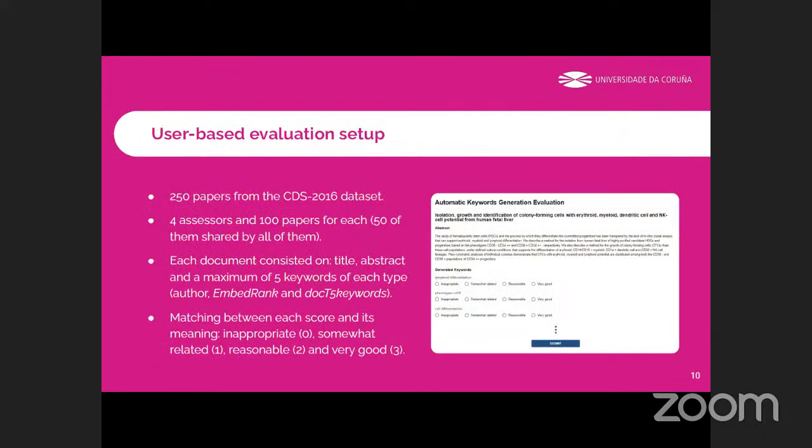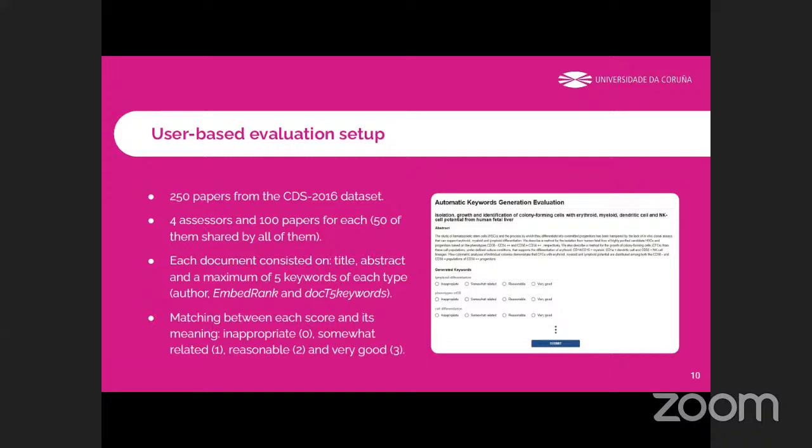In order to perform the user-based evaluation, we select 250 papers from the 2016 CDS dataset, and we provide each of the 4 assessors with 100 papers, 50 being the same for all of them, in order to later compute the agreement between them, and the other 50 different for each of them.